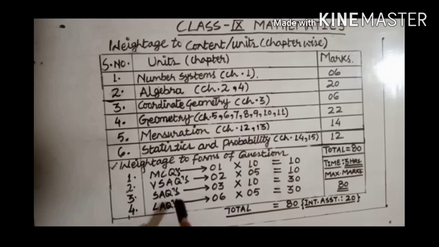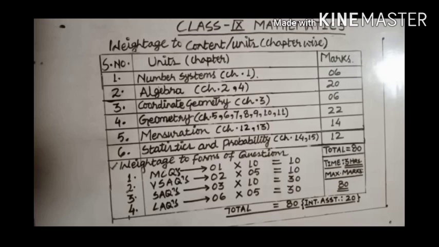Next to it, each short answer type question will carry 3 marks and such 10 questions will be there. So 3 tens are 30 marks are given to short answer type questions. And at last, each long answer type question will carry 6 marks and such 5 questions will be there. So in total 6 fives are 30 marks are given to long answer type questions.